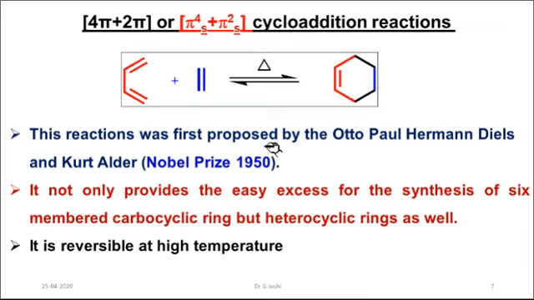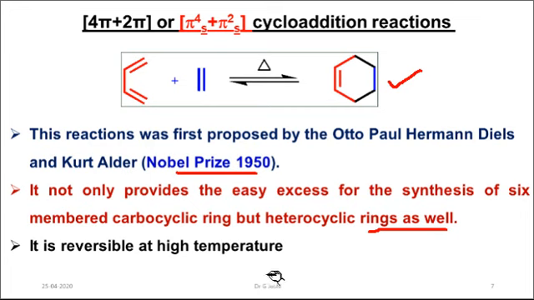This reaction was first proposed by Diels and Alder, who won the Nobel Prize in 1950. Alder was a student of Diels. It not only provides an easy access for the synthesis of 6-membered carbocyclic rings, but this reaction is also helpful to synthesize heterocyclic 6-membered rings.